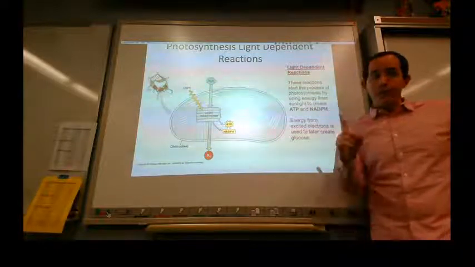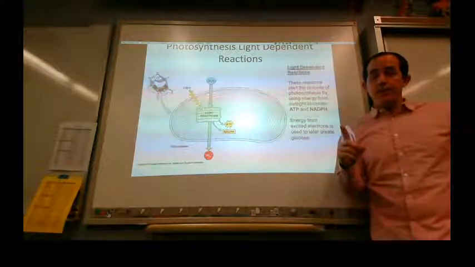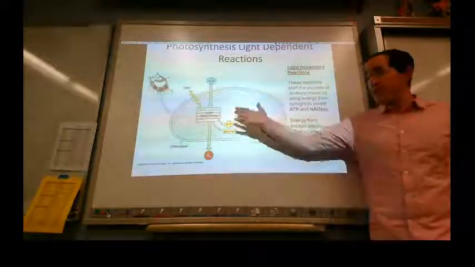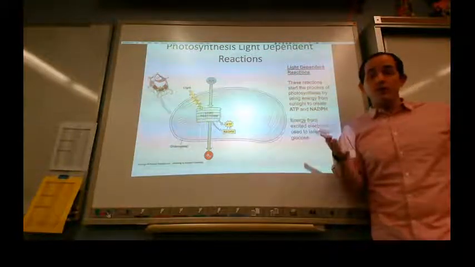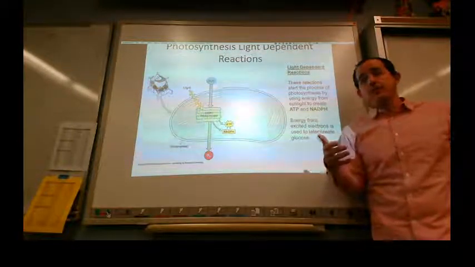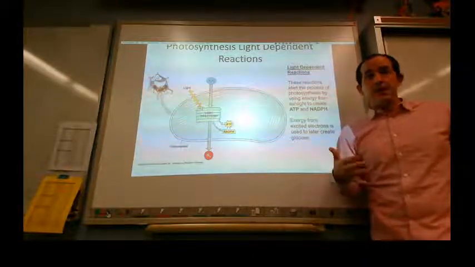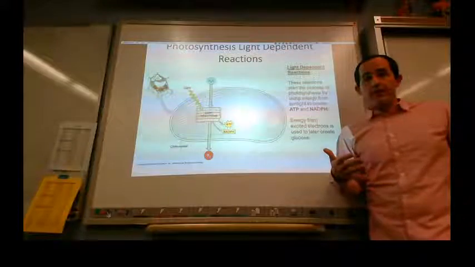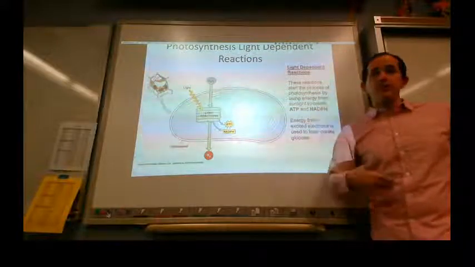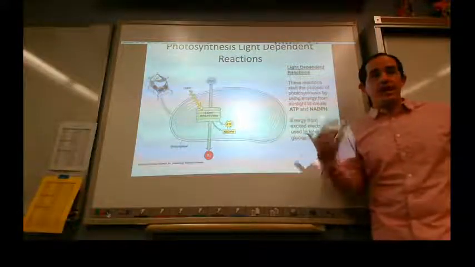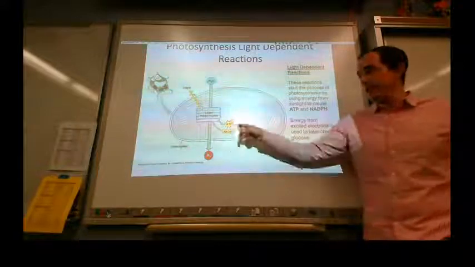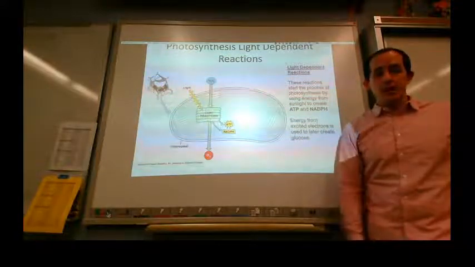Okay, so that's our first part of photosynthesis, and these reactions are going to be able to happen as long as there's light available. So when the sun is out, a plant is doing photosynthesis, it's just cranking through these light-dependent reactions to create ATP and NADPH, which we'll see are going to be used later on.